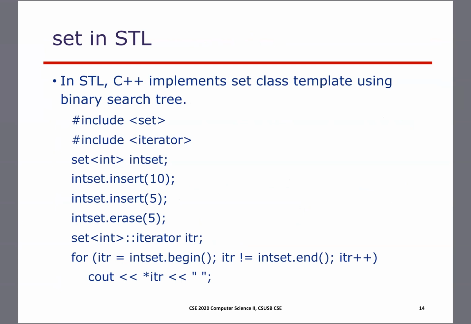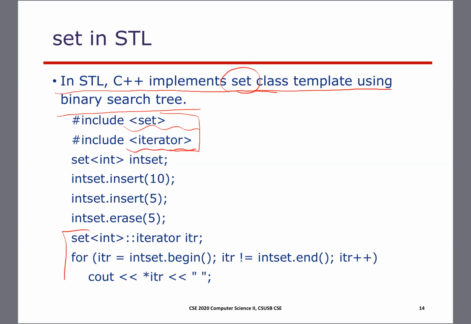In the standard template library, C++ implements the set class template using a balanced binary search tree. If we want to use this set class template, we need to include the set header file. We can also use an iterator to access every element in the set.